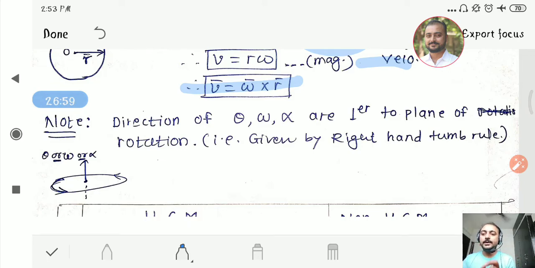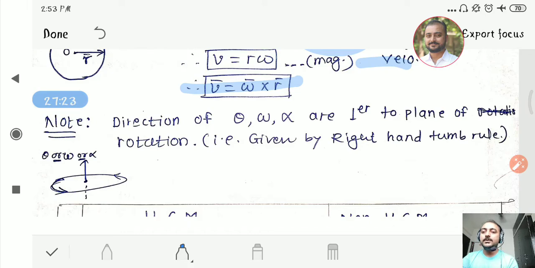Now you have to remember one more noteworthy point, and that is the direction of theta, omega, alpha, meaning angular displacement, angular velocity, angular acceleration. They are perpendicular to the plane of rotation.